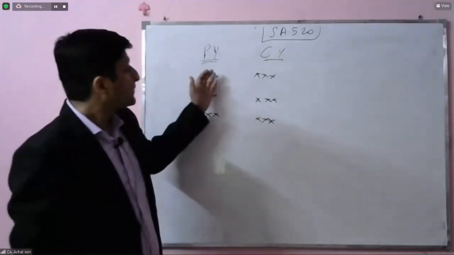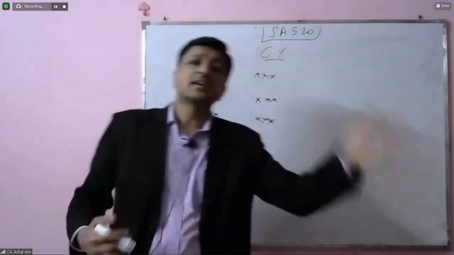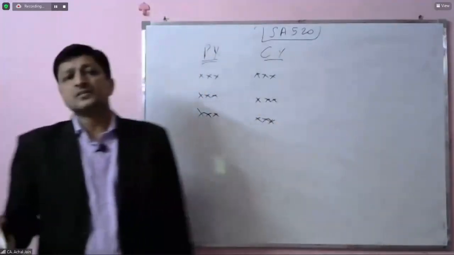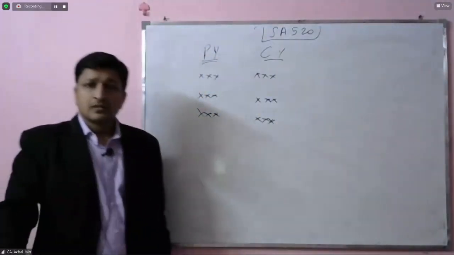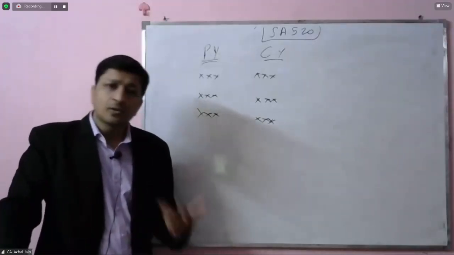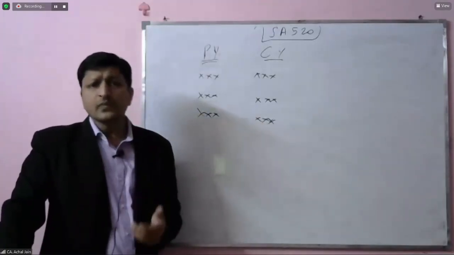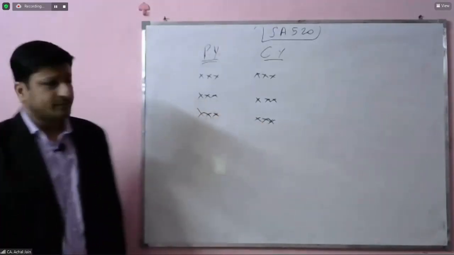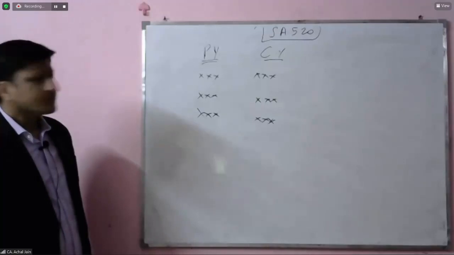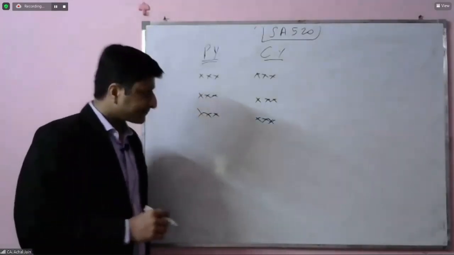Let's suppose sales of the previous year compared with current year has increased by 10% or, say, decreased by 5%. This will give some insights about the business and the operations of the company, which can then be further analyzed by the auditor. Correct? So this is called comparison of 2 periods.